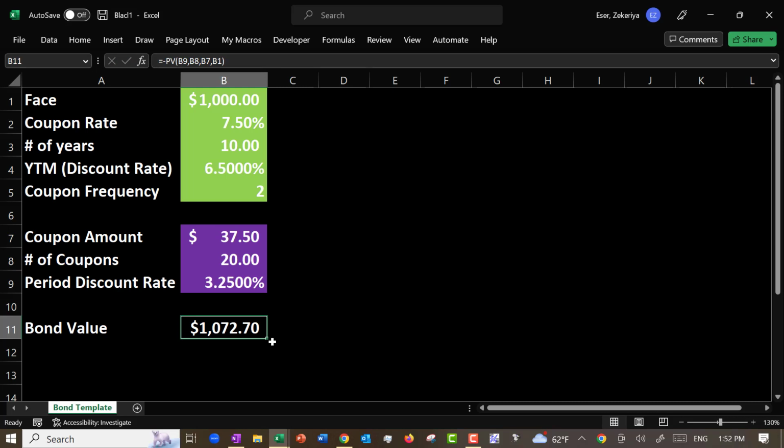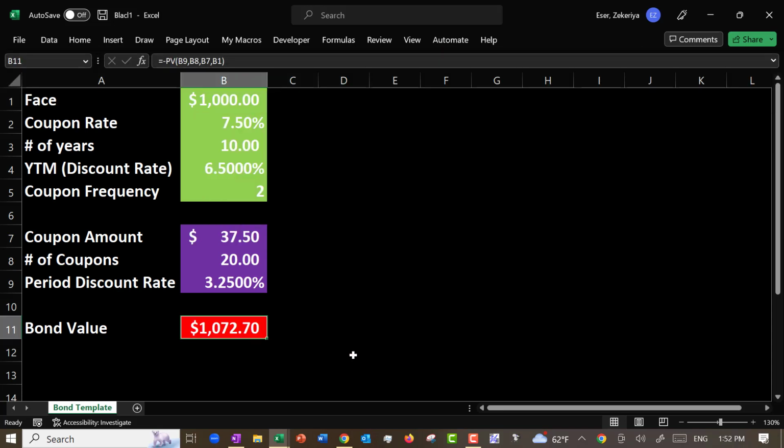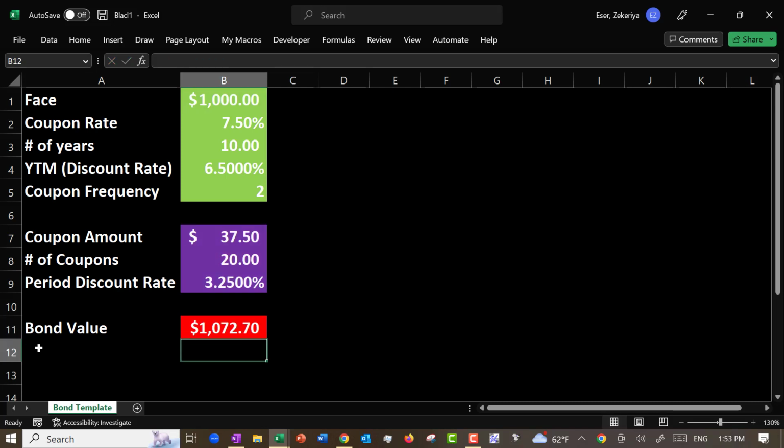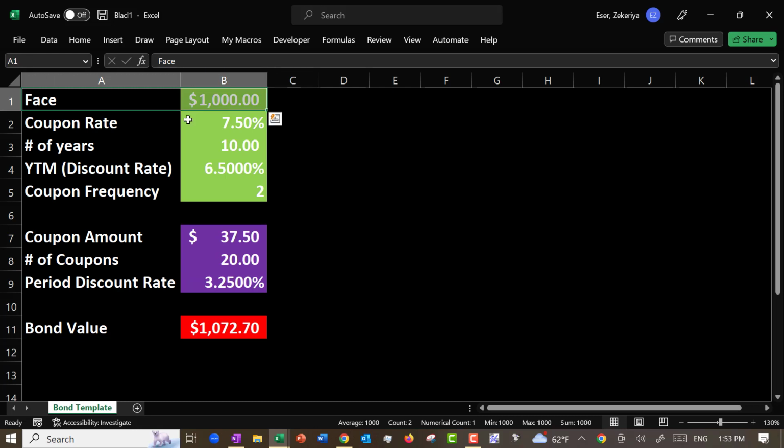Let's make this a red cell. Can you guys see it well on the screen? Because Excel has its own coloring thing. And for later purposes, I'm going to put another thing, I'm going to call it target value.